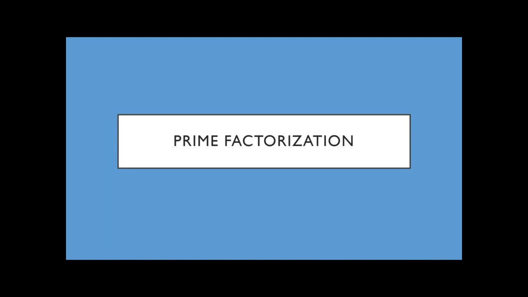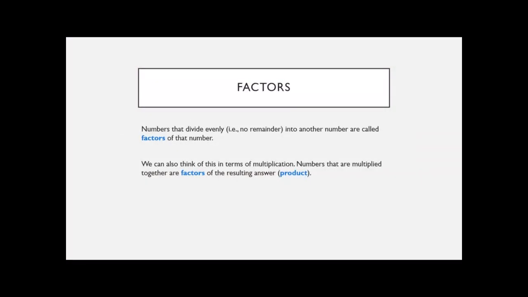So in order to understand what this is, we have a lot of vocabulary that you need to understand. So first, we have factor or factors. These are numbers that divide evenly, which means there's no remainder, into another number. So let's say we have the number 10.